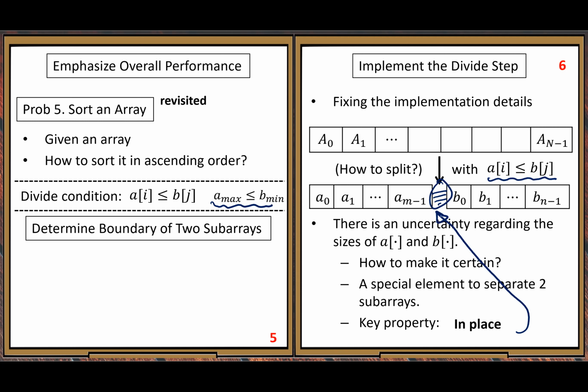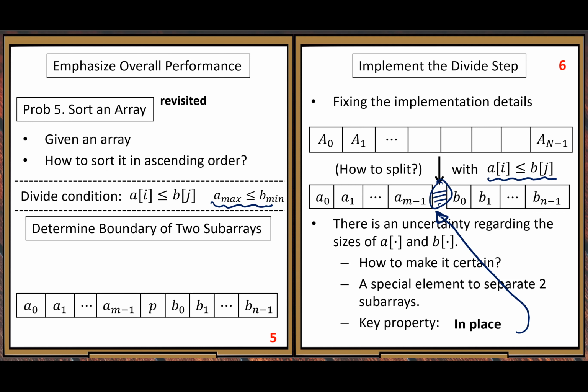But we need to determine that boundary, right? That's important. So in this diagram, I call that special element between the A subarray and the B subarray P. And we give it a special name, a pivot element, P. So here a new concept is introduced. The pivot concept is introduced.